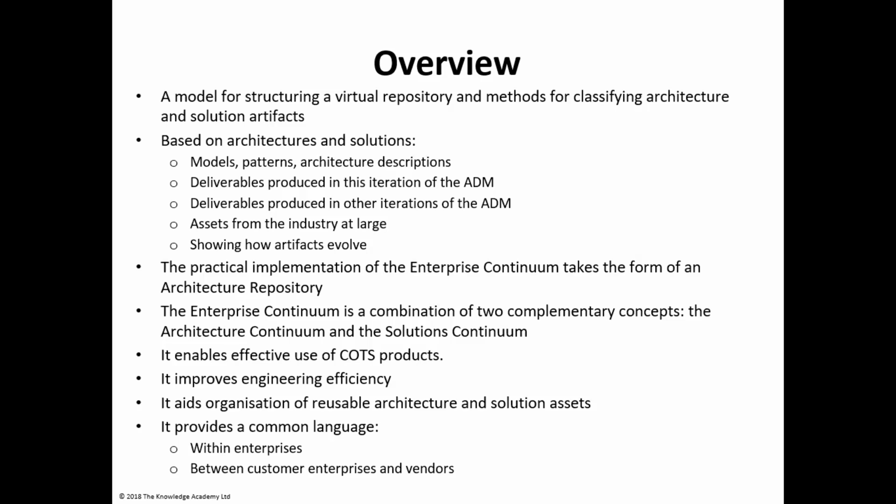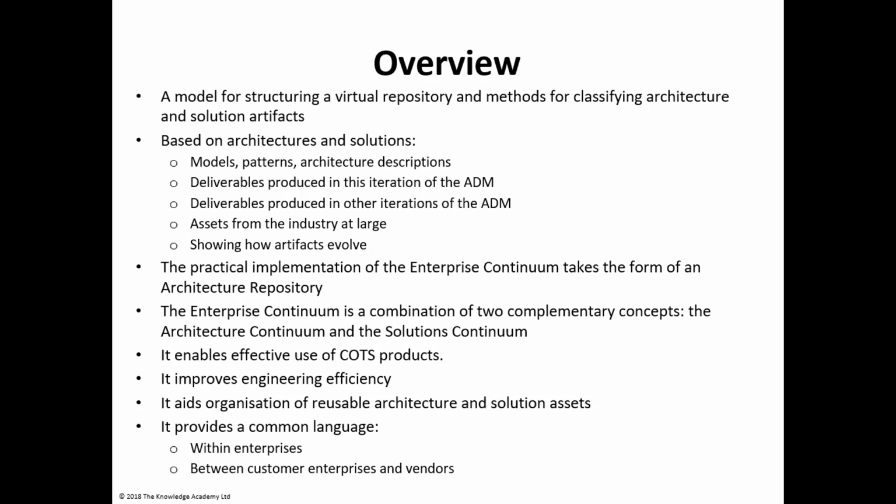I understood. The enterprise continuum is more of templates and reusable assets, which can be extended for individual architecture deliverables. Correct. Also, if you have a generic repository, can it be an extension of the enterprise continuum? Yes, it can be.